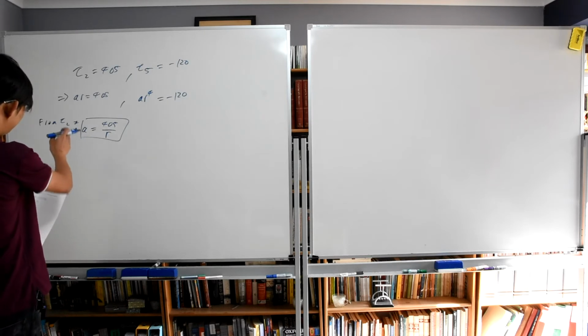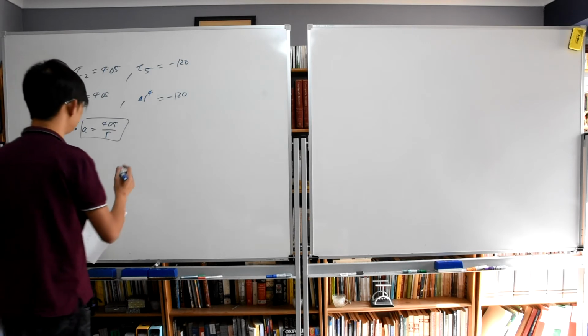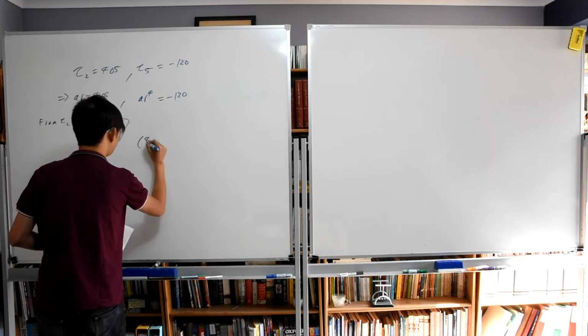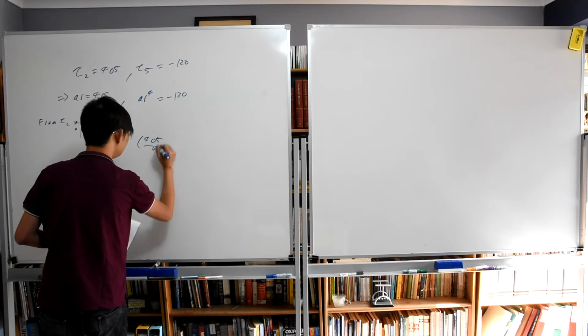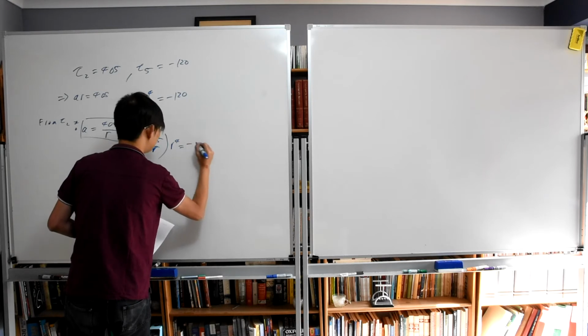And substituting the expression of A, which we derived from T2, into T5, we get 405 on R times R^4 is equal to minus 120.